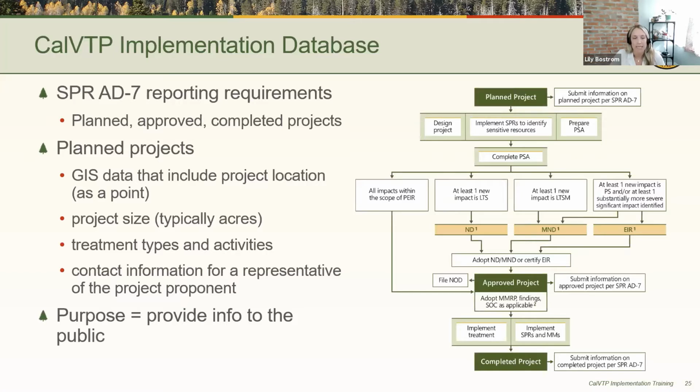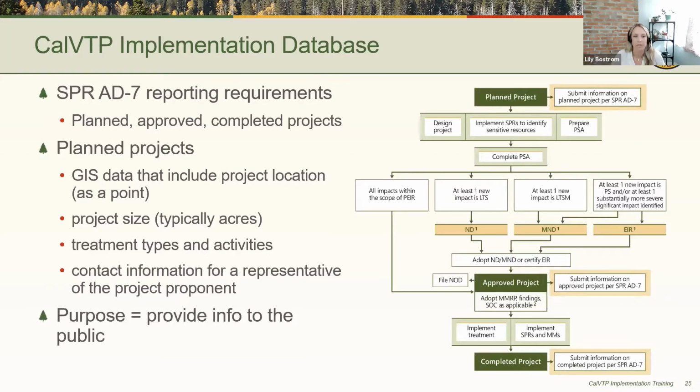Providing information is needed at 3 project stages, and that's in compliance with Standard Project Requirement Administrative 7, or SPR AD 7, and that's at the planned, approved, and completed project stages. Each stage requires that specific information be reported, and there is a specific purpose for providing information at each project stage. We will address each as we move through the PSA process in this training.